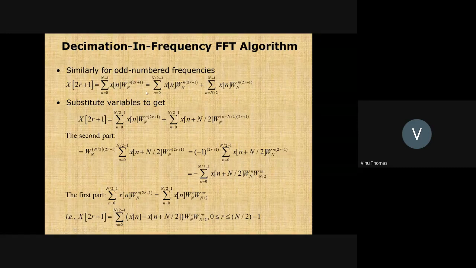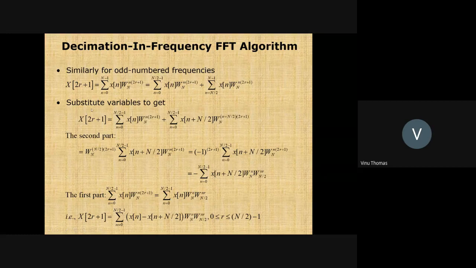If I expand this as before by splitting the summation into the first half and the second half, I can write this as sigma n equal to 0 to N by 2 minus 1, x of n, W_N raised to n into 2r plus 1, plus sigma n equal to N by 2 to N minus 1, x of n, W_N raised to n into 2r plus 1.